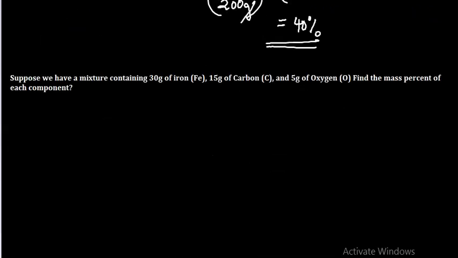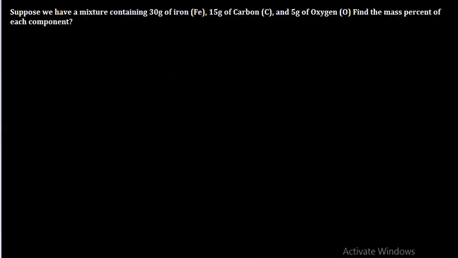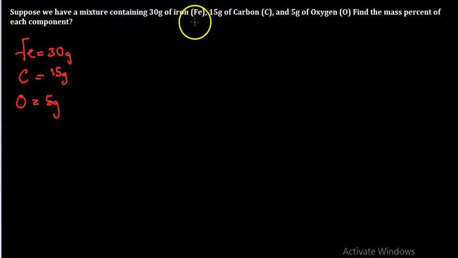Here is another problem which says, suppose we have a mixture containing 30 grams of iron, 15 grams of carbon, and 5 grams of oxygen.